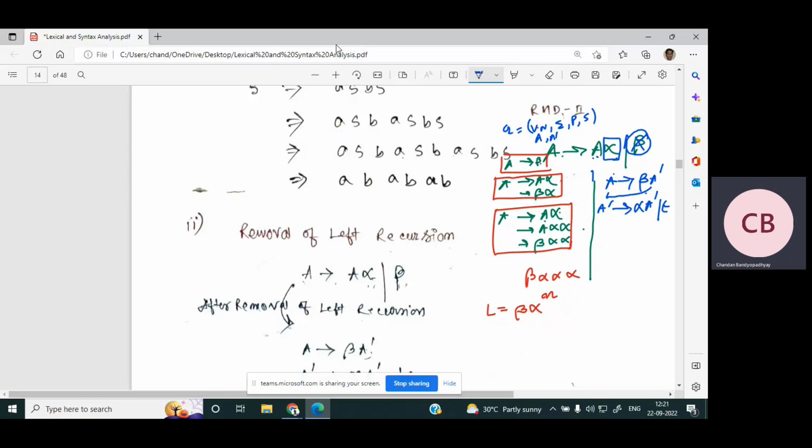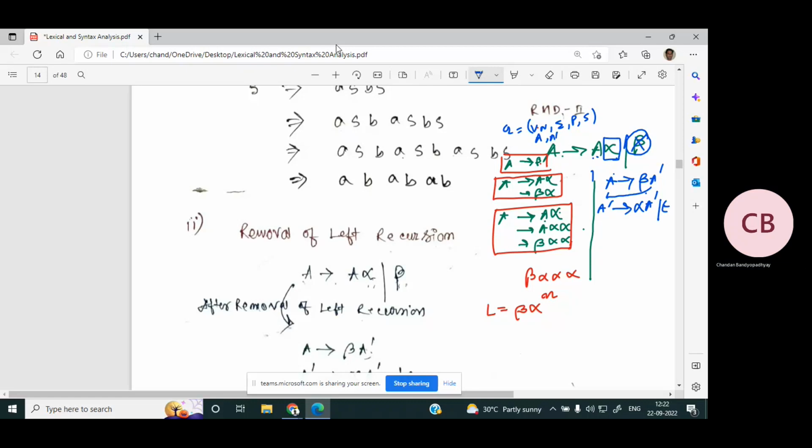What I have done, again I am repeating: A to A alpha and beta, if there is such a production, then A to beta A dash I should write. Then this A dash is a new non-terminal I have added in the grammar. So this A dash should generate the remaining part, that is alpha A dash and epsilon. Now here you only have to remember this part.